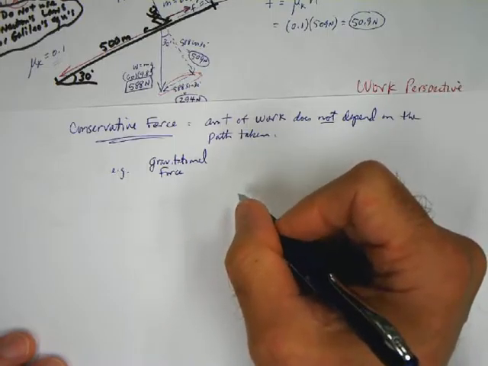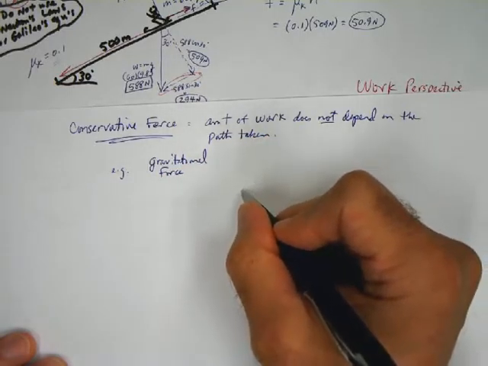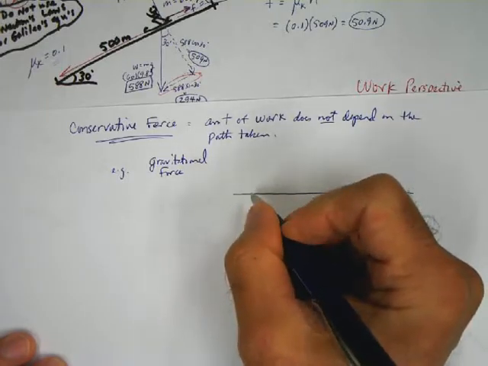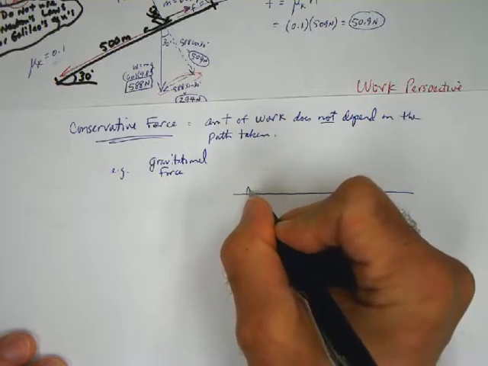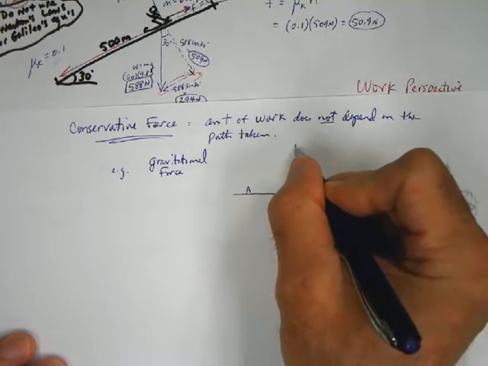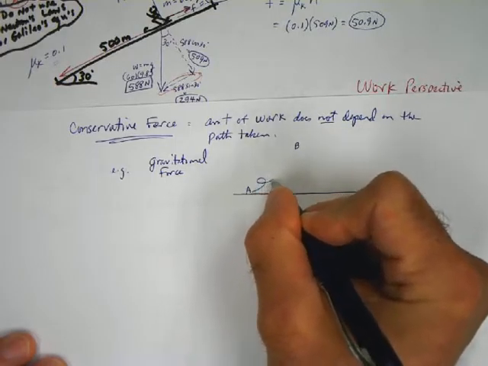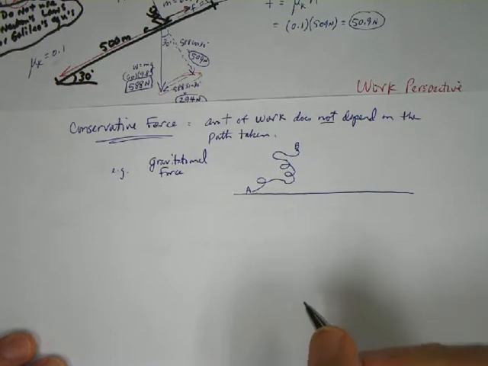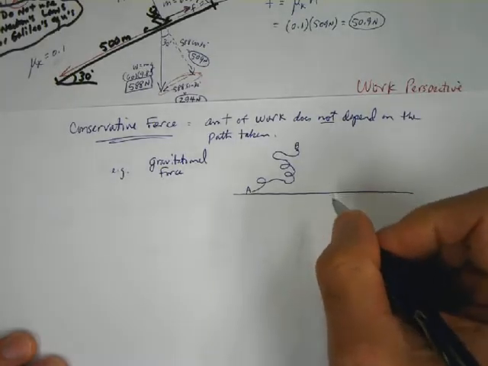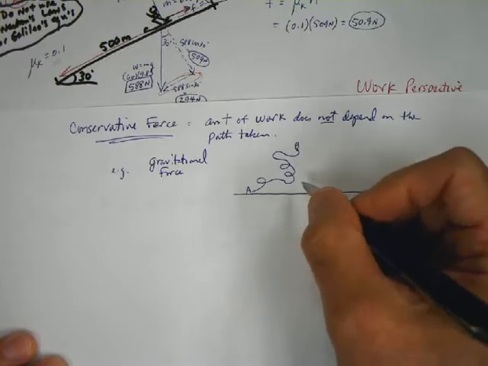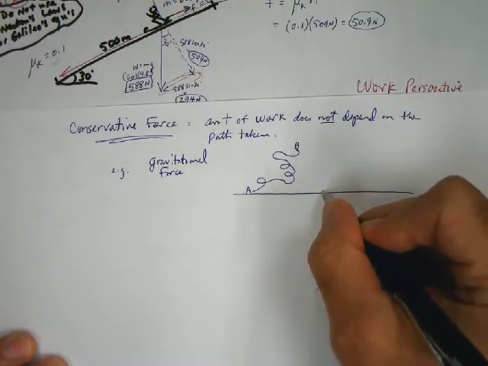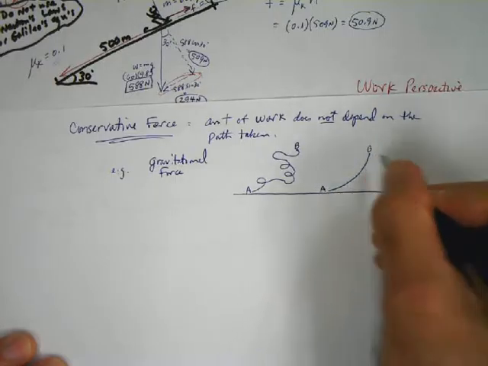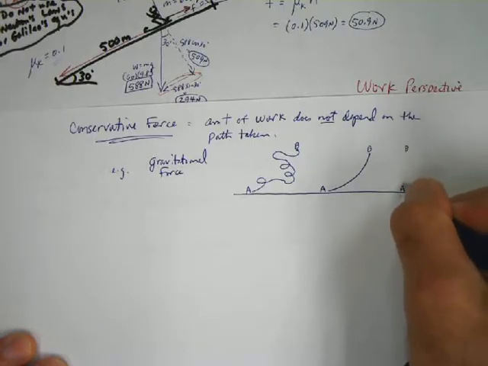So let's say that here's the ground, and we're going to raise an object of a certain mass from point A to point B, and we're going to take this path to get to point B. The amount of work done to overcome gravity would be the same going from A to B that way as if we went like this from A to B, or like this from A to B. It does not depend on the path taken.